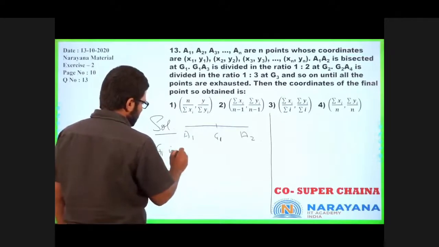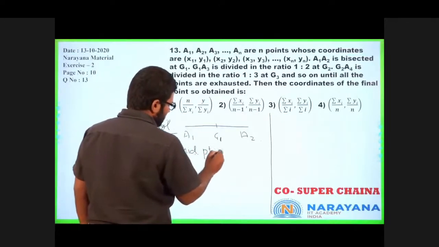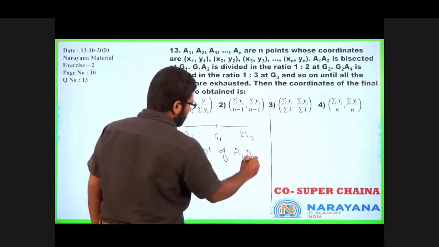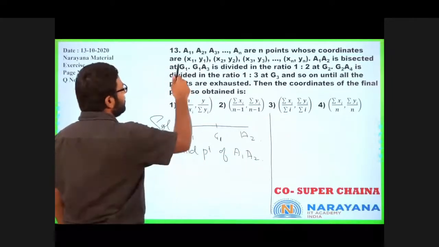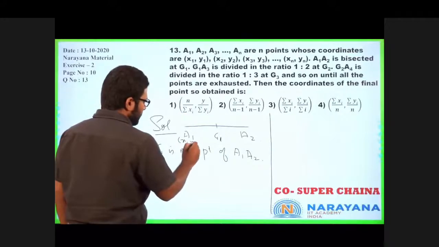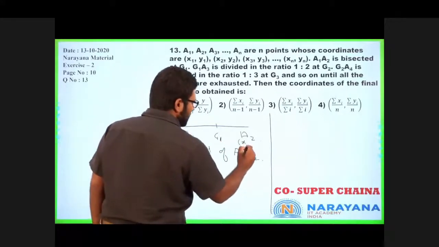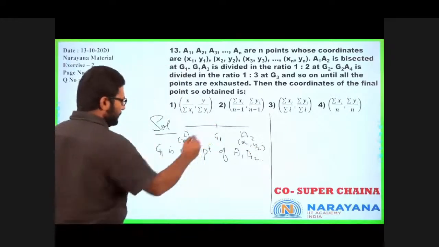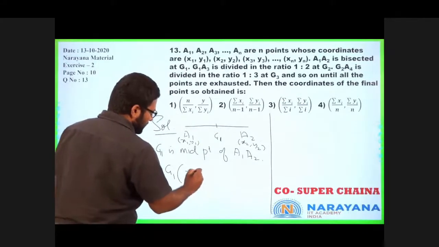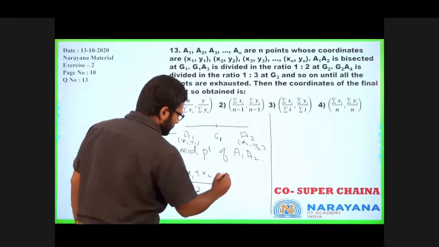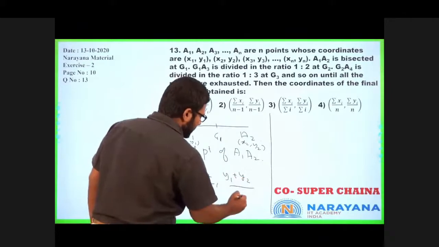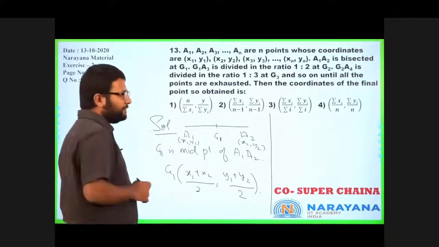G1 is the midpoint of A1A2. What are the coordinates? A1 is x1, y1 and A2 is x2, y2. So its midpoint G1 would be (x1 plus x2 by 2, y1 plus y2 by 2). We know this is G1 now.